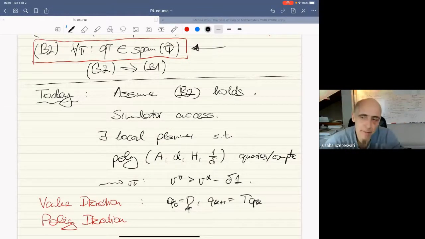Okay, give me an assumption that you would want to make if you want this algorithm to succeed. What would be the assumption that you would come up with, that you impose on the interaction between the Bellman operator and the span of the features?